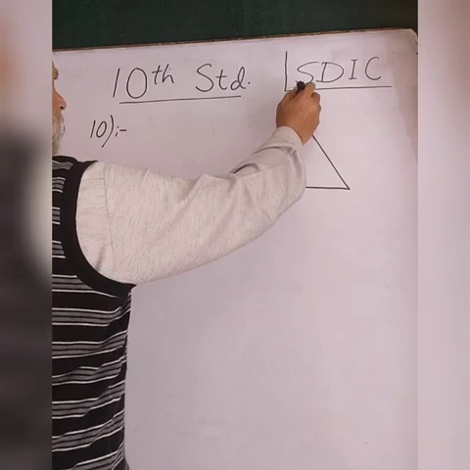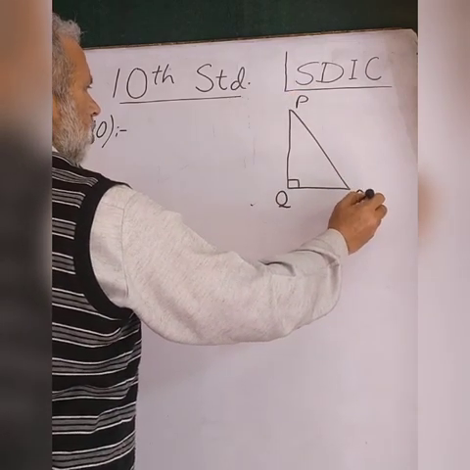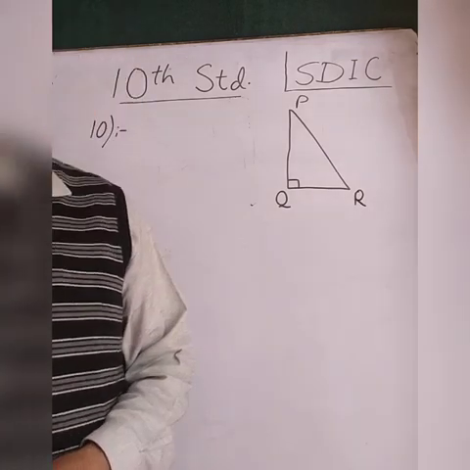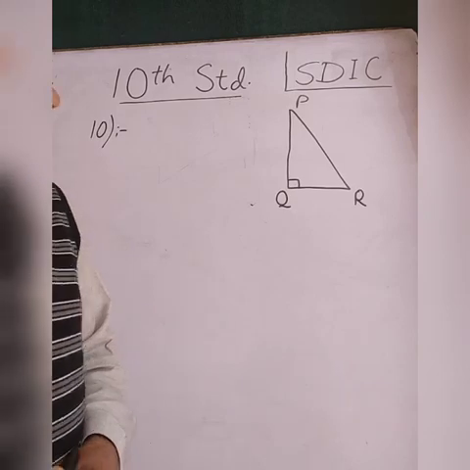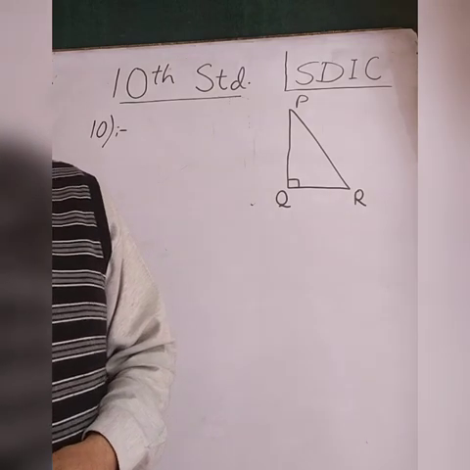Name of the triangle is PQR. P and R you have to write on your own choice. Q should be the vertex containing the right angle as per the statement. So this is the triangle, right angle at Q. P is the acute angle, R is the acute angle.